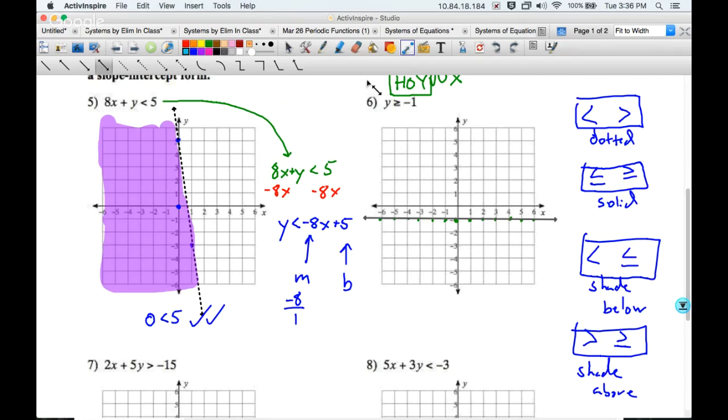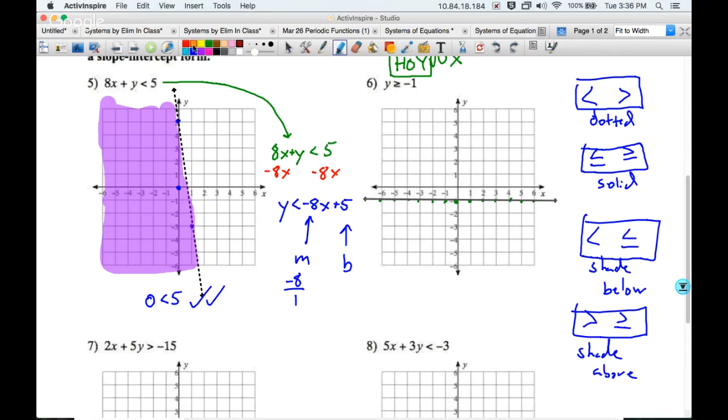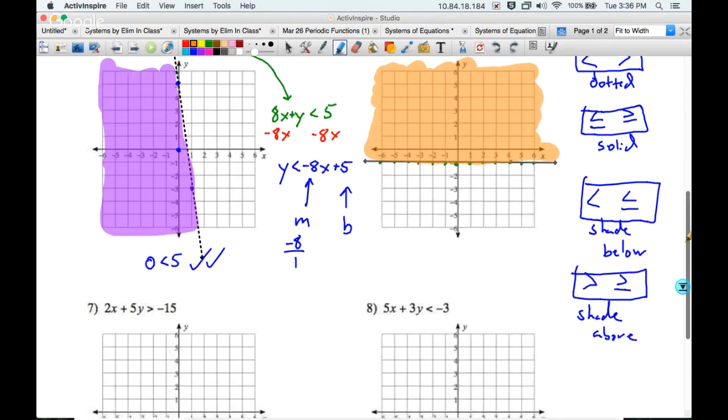So this region up here. All right. And that's what that one looks like. Those are all the points that have a y value that's greater than or equal to negative 1. That's what we just represented.